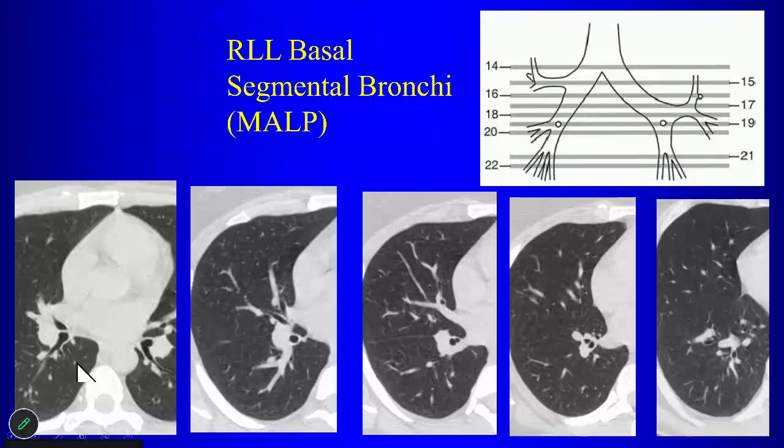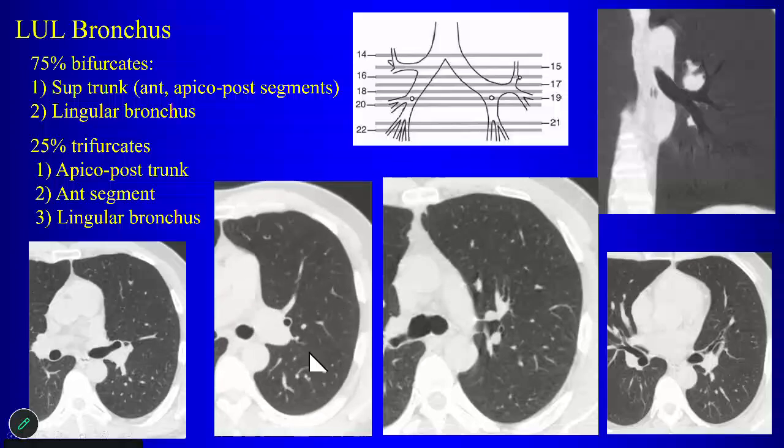And then that will divide into the basal segmental bronchi, and a nice mnemonic for that is MALP, M-A-L-P. So the first one that comes off is the medial basal segment, then anterior, and then lateral and posterior. So medial, anterior, lateral, posterior for the basal segmental bronchi of the right lower lobe.